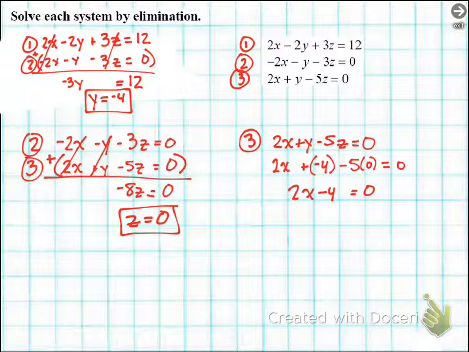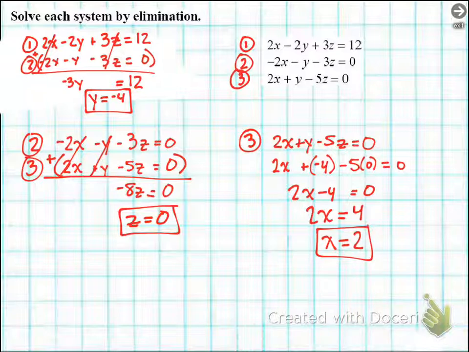So we'll just keep 0 out. So 2x is equal to 4. So x is equal to what? 2, right? Now I got a question. How do I write my final answer? 2, negative 4, 0. Good. There's your answer.